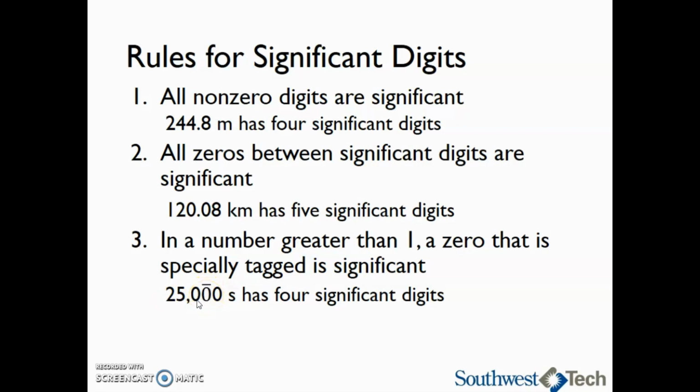So that means the 0 to the left of it is also significant because this 0 is located between 2 other significant digits. Now the 0 to the right of the 0 that is specially tagged is not significant because it is not tagged and it's not between other significant digits. So 25,000 seconds, there are only 4 significant digits in this number.